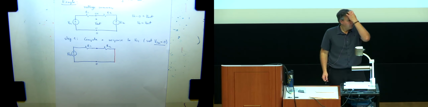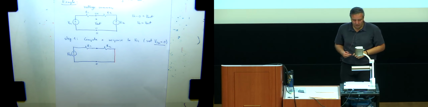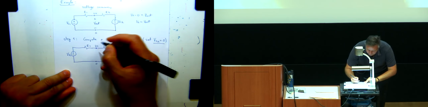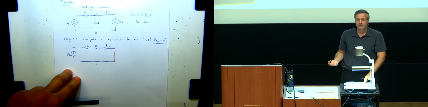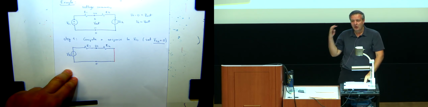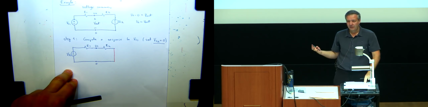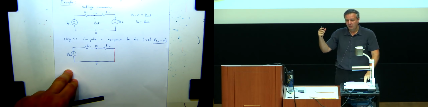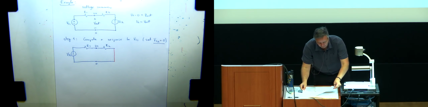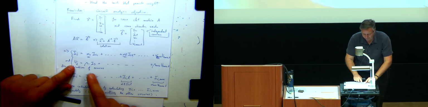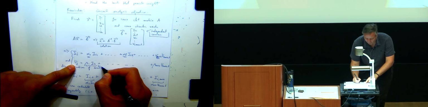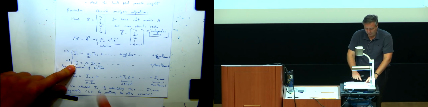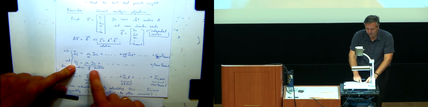Okay, let's label this. I can no longer label this U1, because this is not a complete circuit. This is just one component of what we were doing. So for example, this would be U11.